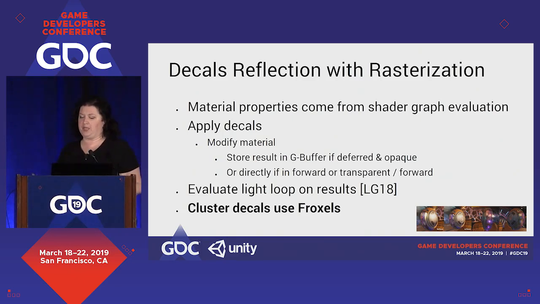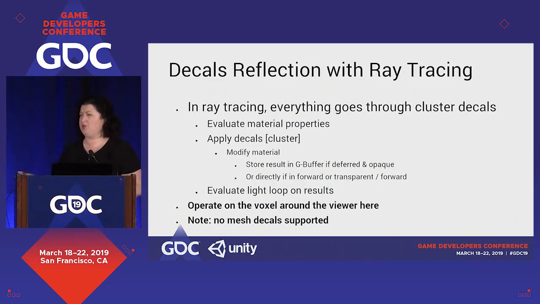With ray tracing, we basically can follow the same route. Everything goes through the cluster decals in ray tracing, so the DBuffer decals are gone. We evaluate the material properties, again invoking the shader graph functions. We apply the resulting decal to the material by modifying it, store it in a similar manner, and then evaluate the light loop to make sure that we're computing the proper lighting. Again, the only change is we're operating on voxels.